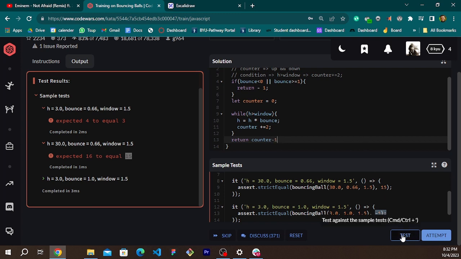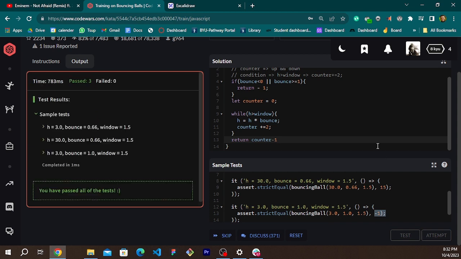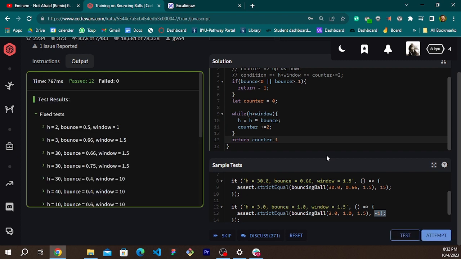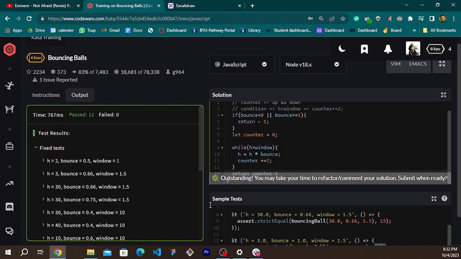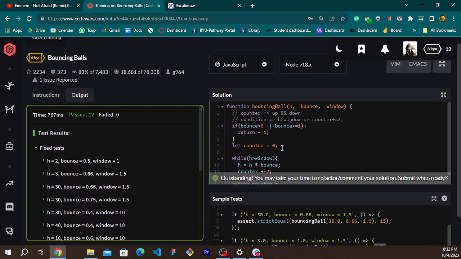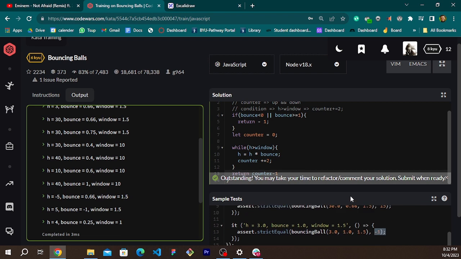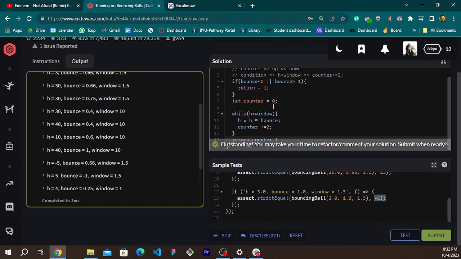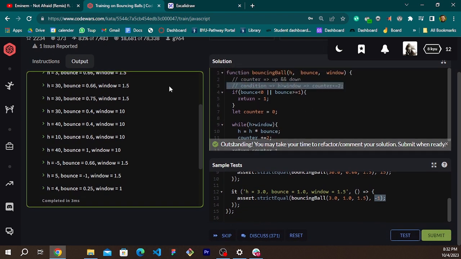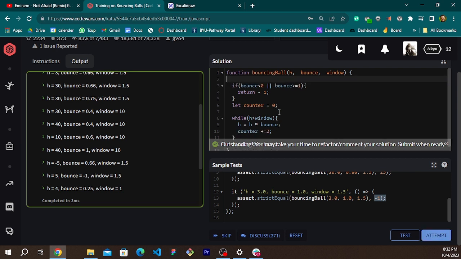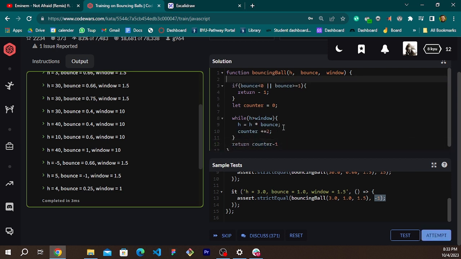So if we test this one, yeah, it passed. Great. So you see, now we managed to solve our question. So we can just refactor it. That's how awesome this platform is. But there's not much you can refactor. Just delete the comment, maybe change the way we wrote this h.